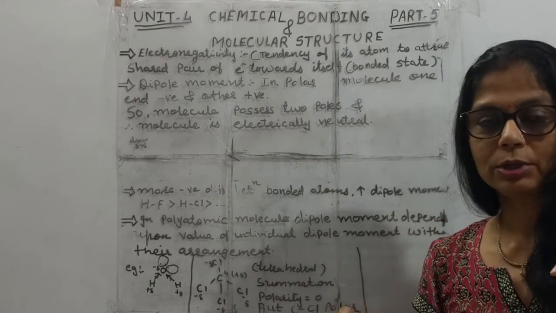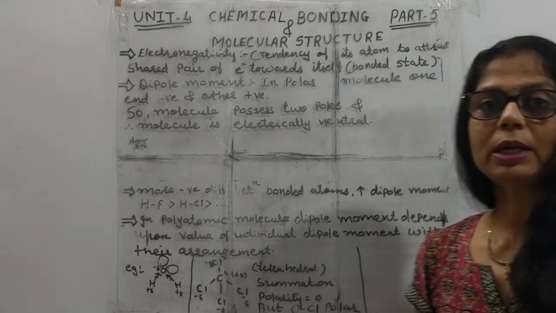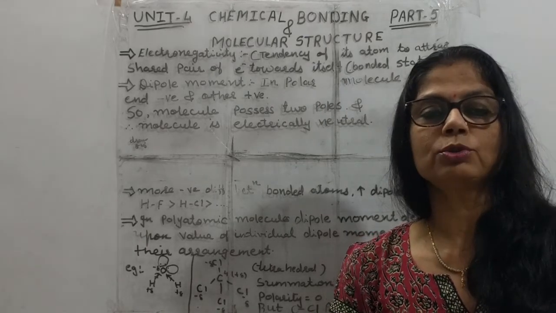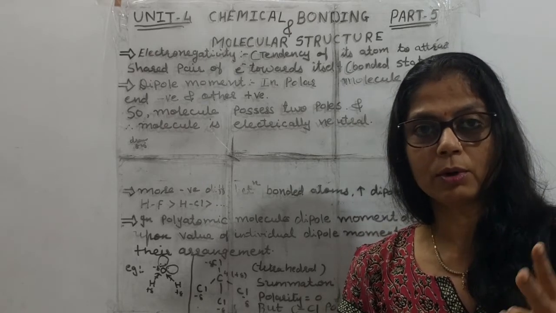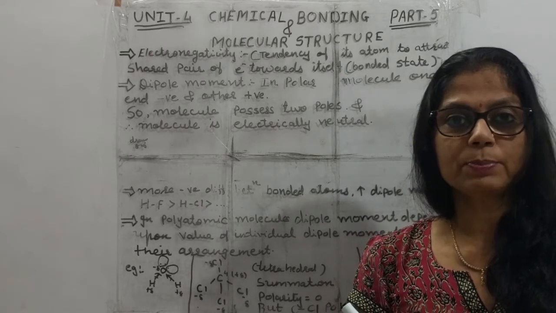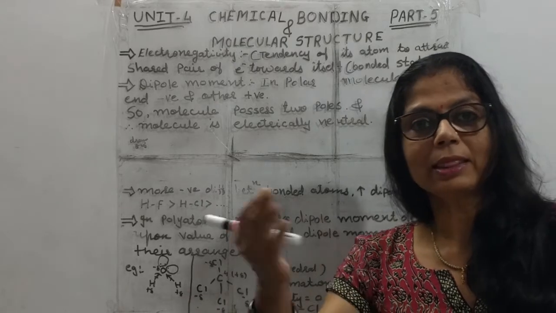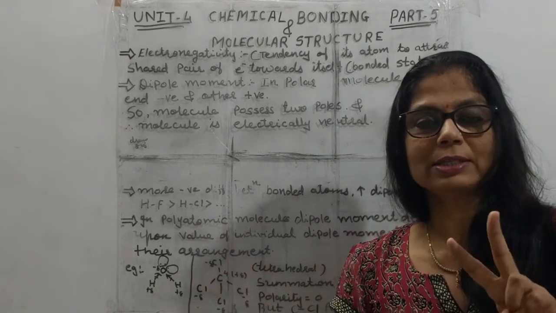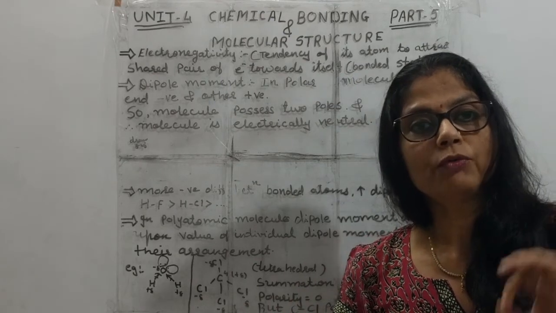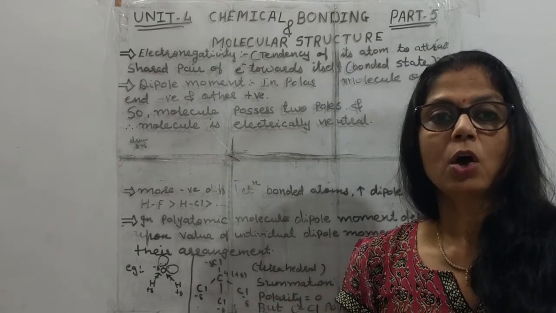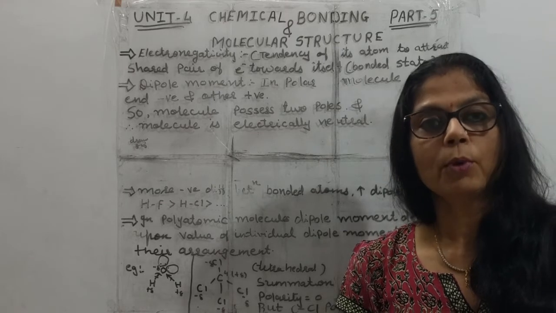So that is electronegativity. From electronegativity, now we come to the dipole moment, because here we have studied the two poles. One is more positive than the other, so we can say it is a dipole. And the dipole moment gives the idea of the shape of the molecule.